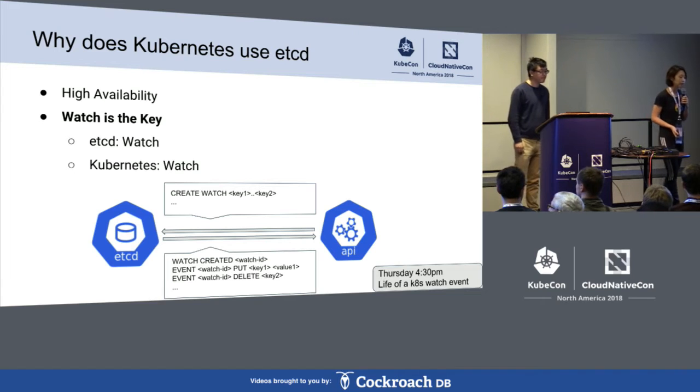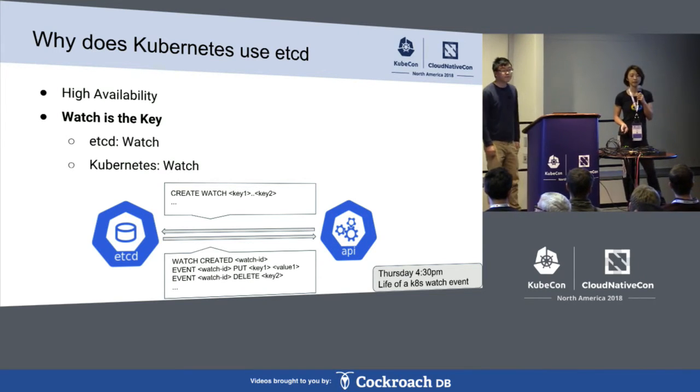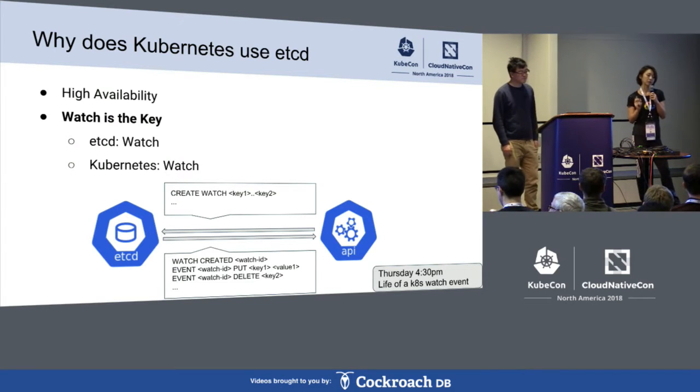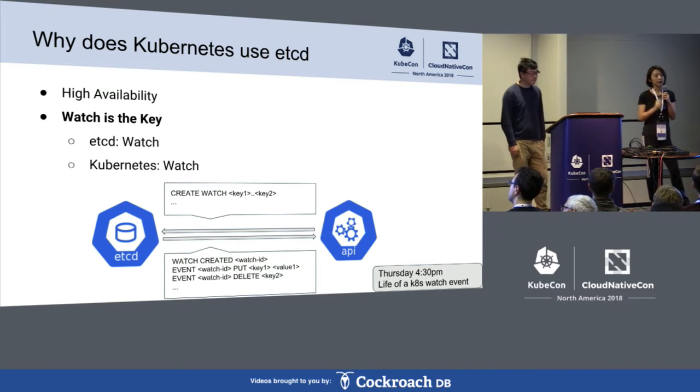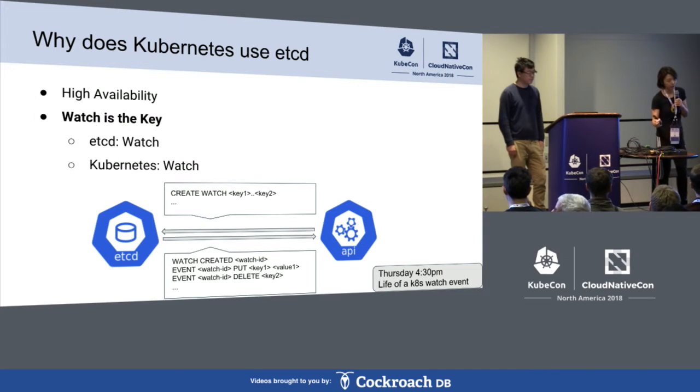The second reason is the watch feature that etcd implemented. We know that one of the core design concepts of Kubernetes is level triggering and software reconciliation. To do that, Kubernetes uses watch to constantly monitor the changes for all the resources and uses a control loop to drive the actual state of the resource to the desired state of the resource.